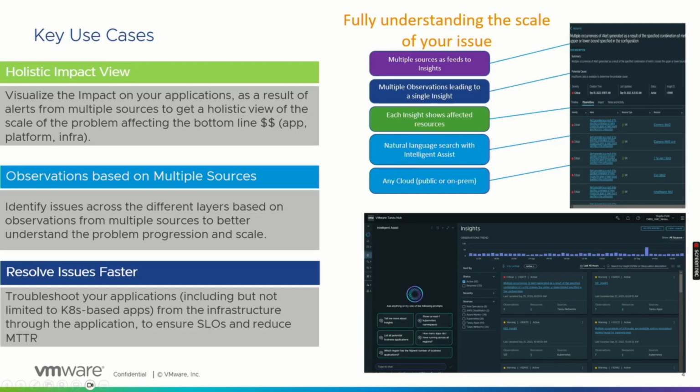It helps you visualize your applications, giving you a holistic view of how it affects your bottom line, meaning your applications and services could be affecting your bottom line dollars. It also gives you observations based on different layers of your infrastructure, whether it's application, platform, or infrastructure components. It helps you resolve your issues faster by collating information from multiple sources to ensure your SLOs and reduce your mean time to resolution.